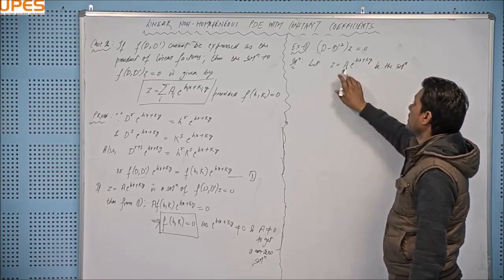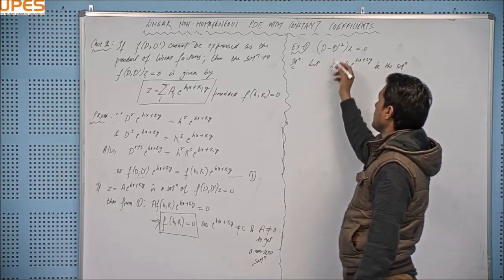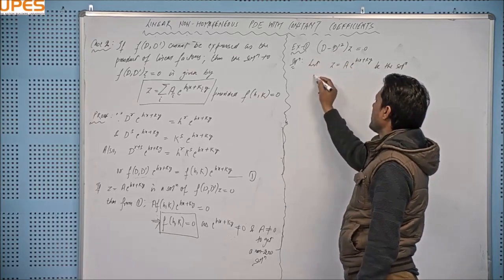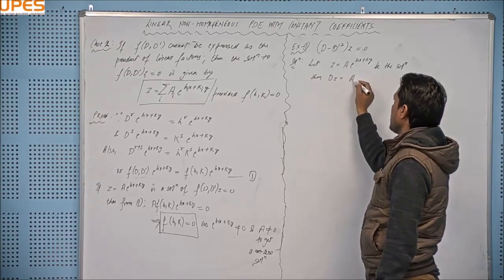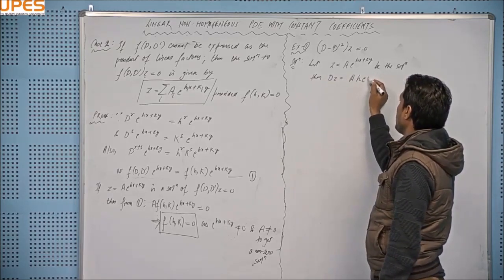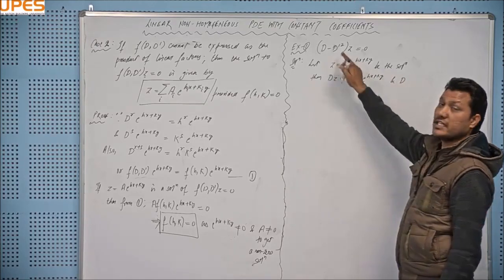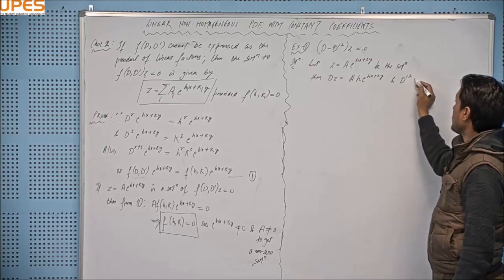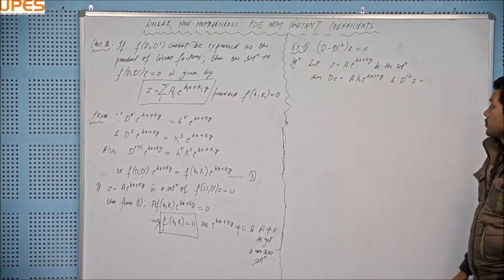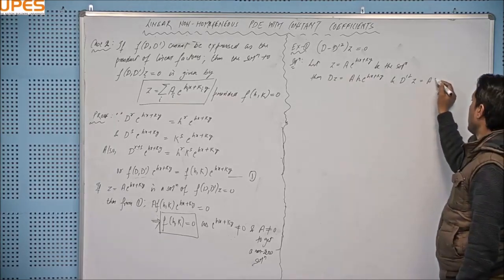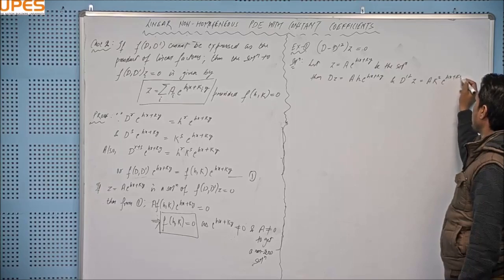If this is the solution, then this gets plugged in here. I will write it in detail: D of z, differentiation of z with respect to x, is A h e to the power hx plus ky, and what do I need? I need D' square of z, differentiating this z with respect to y twice, is A k square e to the power hx plus ky.